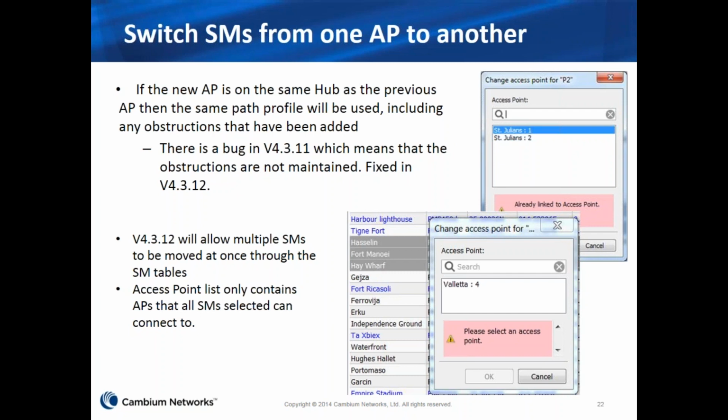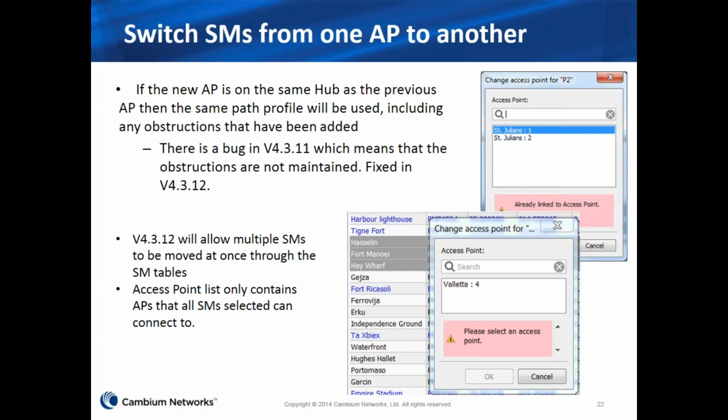When you select the option to change the access point, you get a list of other access points that are available. This list will only show access points where the SM is within the SM range and within the bearing, so that it can be covered by that access point.